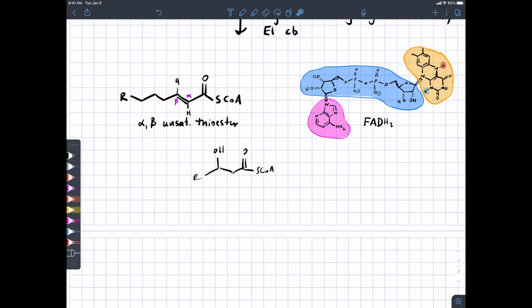What do I need to have happen? Remember what we did in the aldol reaction? We had a base remove a proton to get an enolate, and then the enolate kicked down and the leaving group left. What we're going to do now is exactly the reverse of that.